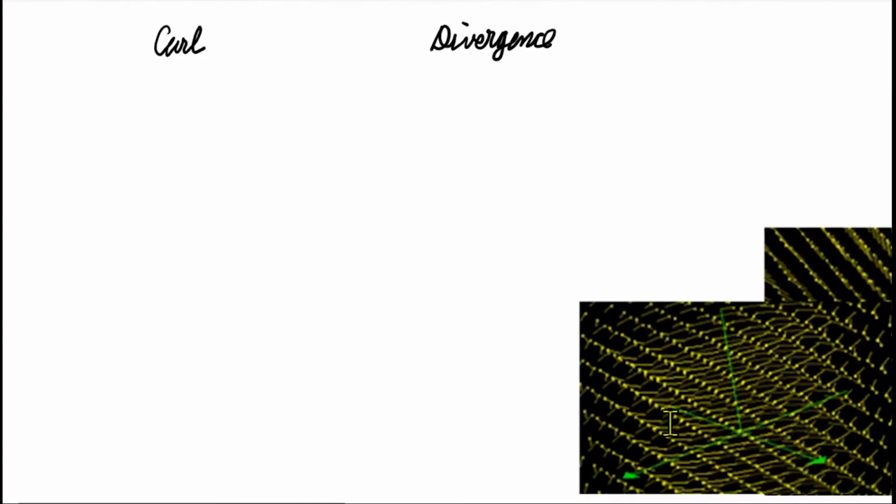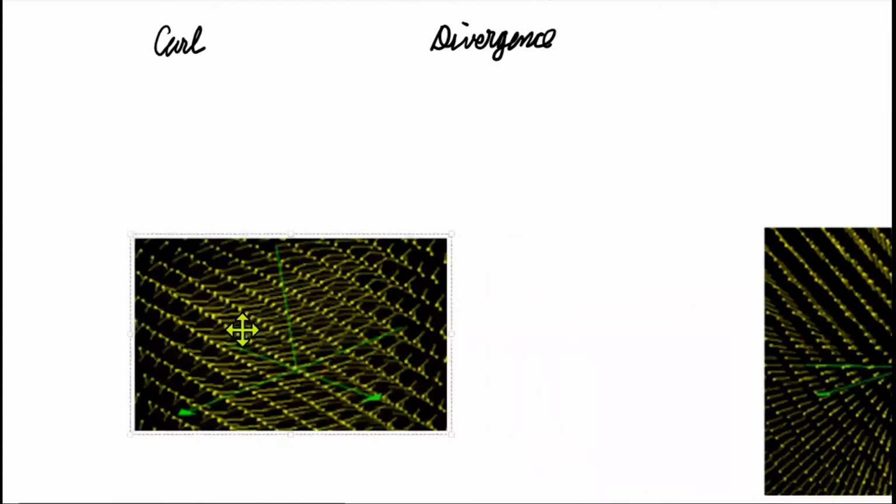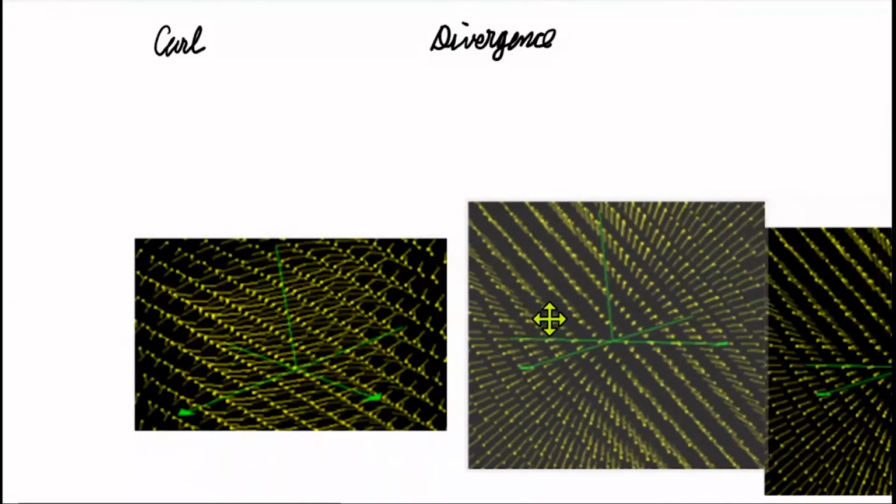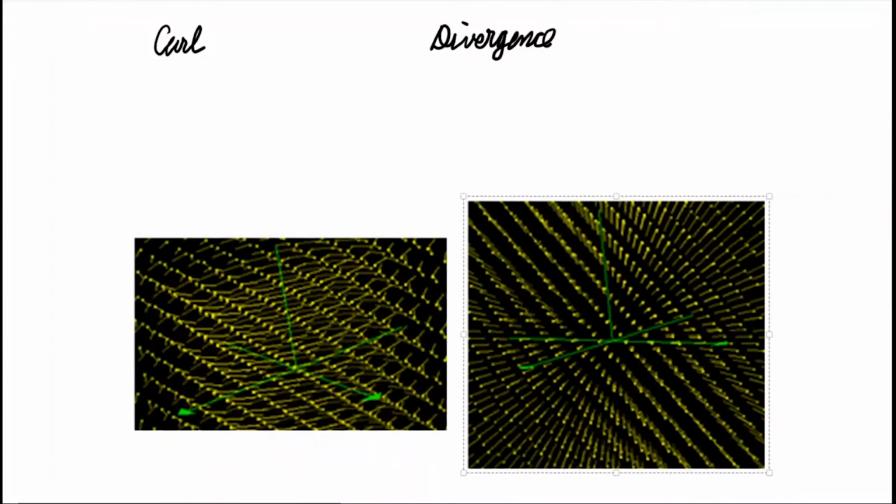So I have two different vector fields. I have this tornado-looking thing, some swirly thing going on, and then I have this other one. Can you see this? Or do you want me to take out the graphing calculator to show you? Assuming you can see it, which one measures which?